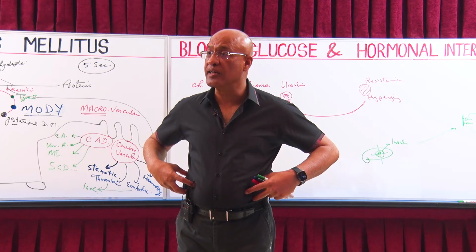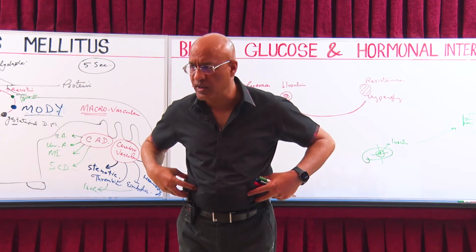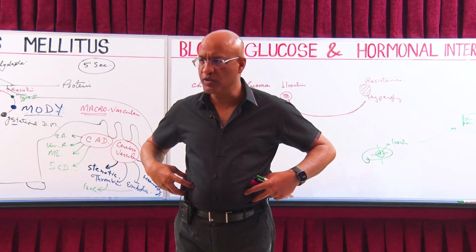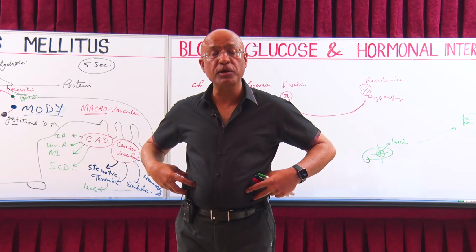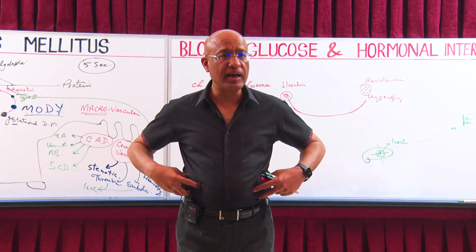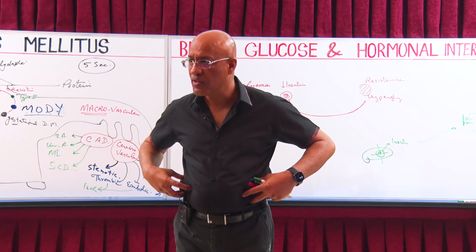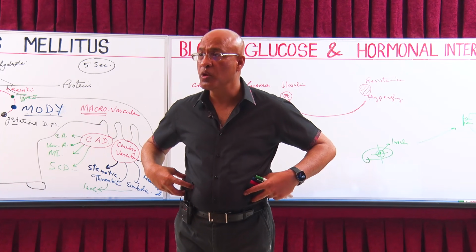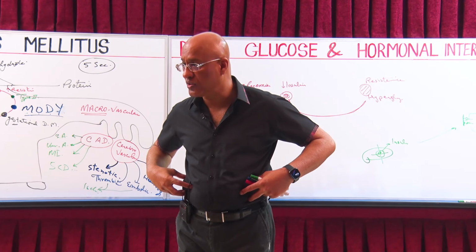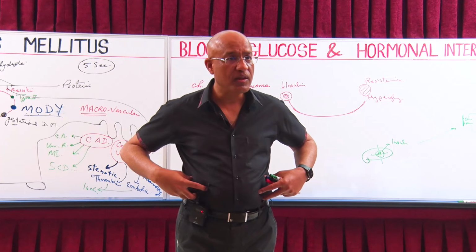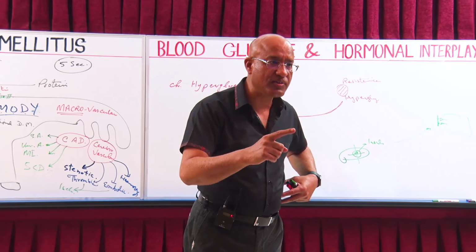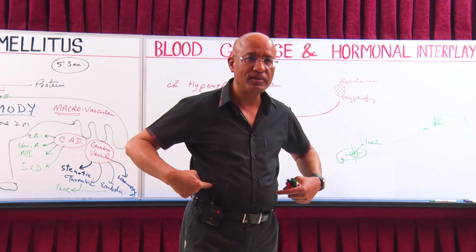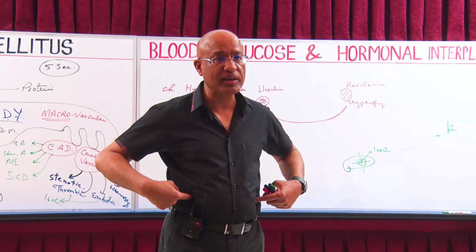Over the many years, if the patient is not taken care of properly, this angiopathy becomes so advanced that glomeruli stop functioning and the person enters into end stage renal disease. And in USA, the most common cause of end stage renal disease is diabetes, diabetic nephropathy.